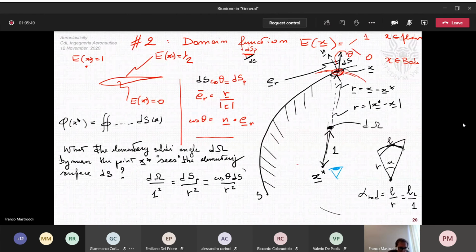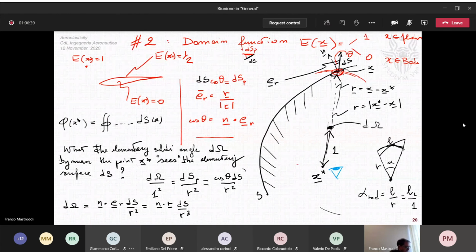So we have that the elementary angle in radian is equal to n dot er by dS divided by r to the power 2, but er is r divided by the modulus of r, and so this is equal to n dot r, the vector, dS divided by r, the amplitude, to the power 3.